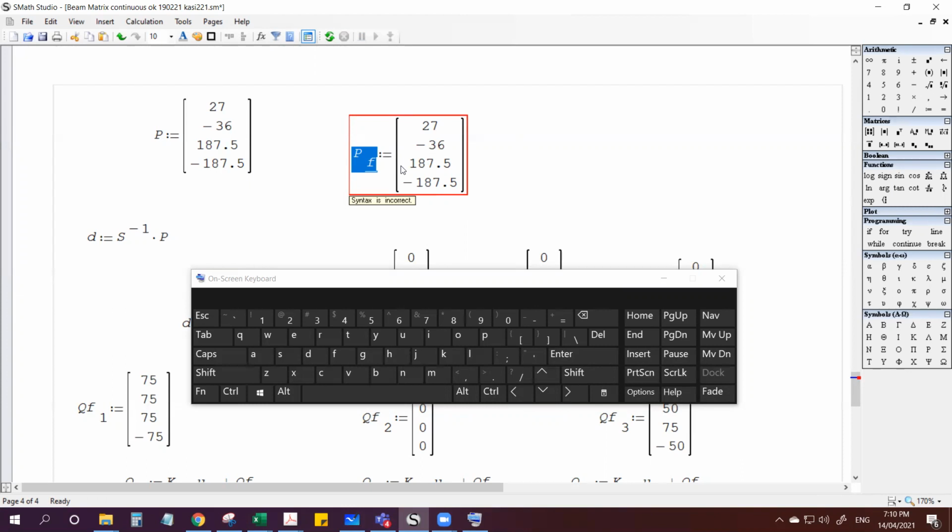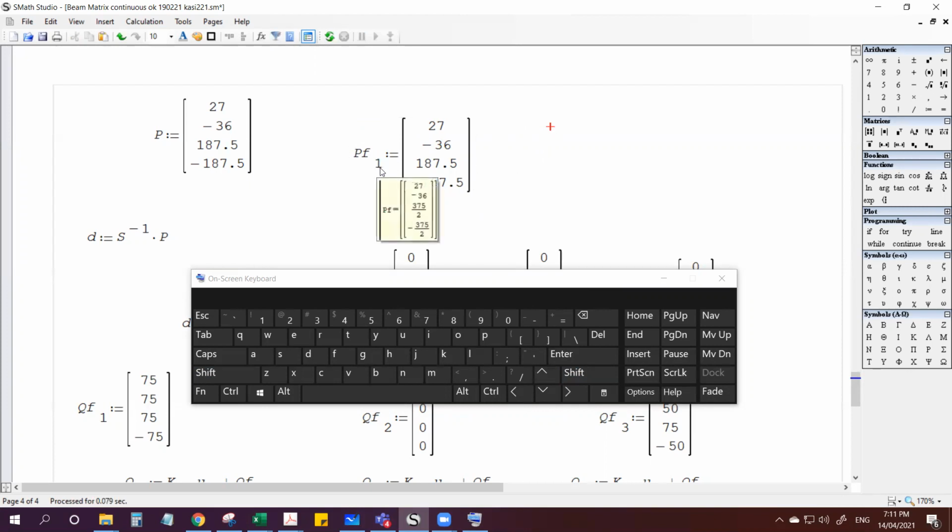Sorry, I can only PF. But if I put in a subscript number, no error. It only wants a subscript number. Okay, PF. This one is okay.